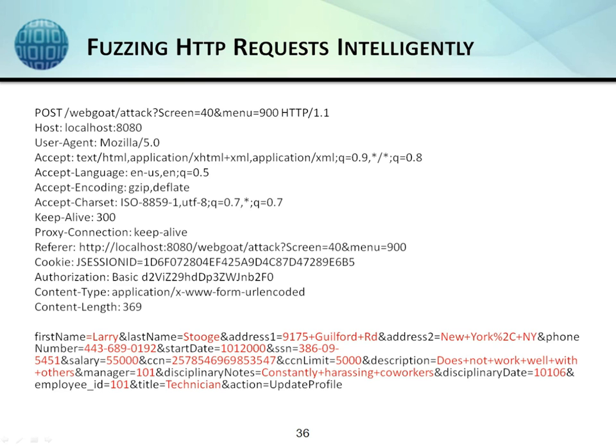If you start fuzzing that, you're not going to get any meaningful results. You might also realize that the screen and menu parameters control which lesson you're accessing. Initially you might fuzz those and see what happens, but you might realize after a while that messing with those doesn't get you very far. So you hone in on the parameters you're most interested in, the ones highlighted here in red. You would figure that out as you're testing the app, over time.